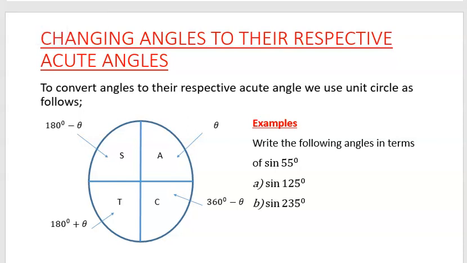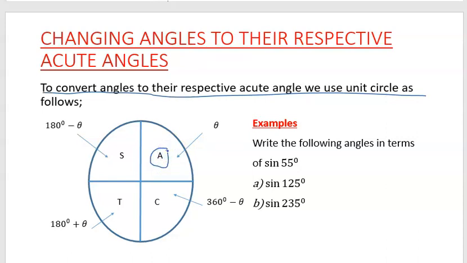I believe you have met this unit circle somewhere. Remember, a unit circle mostly helps us to know the behavior of angles as they move from one quadrant to another.